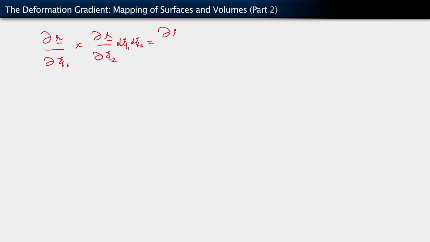So we also have, likewise, we also have the partial of little r with respect to C1 cross partial of little r with respect to C2 equals the same thing.